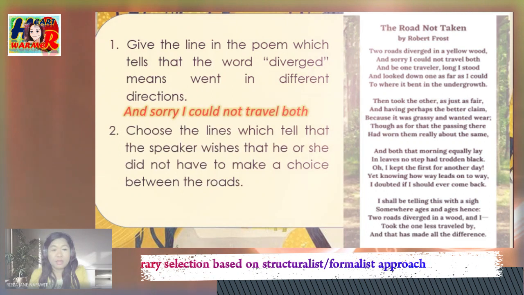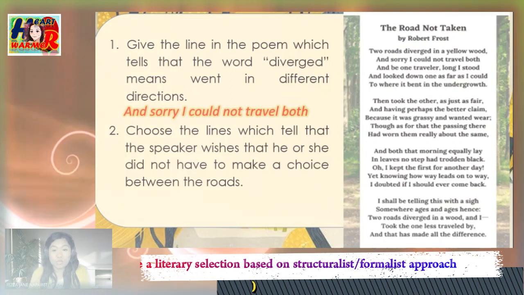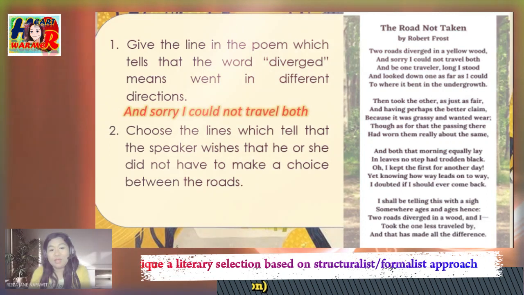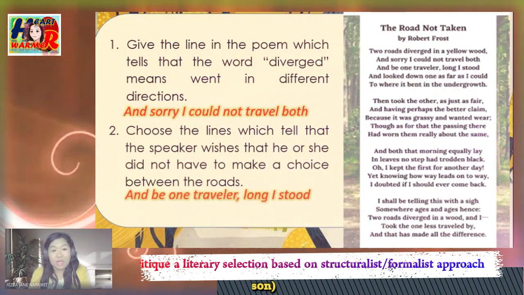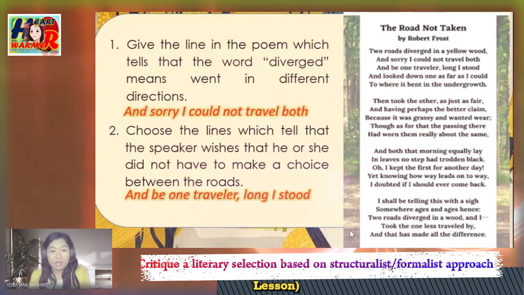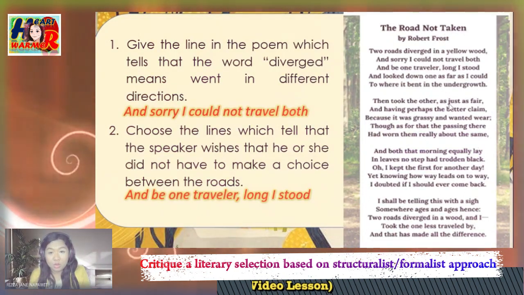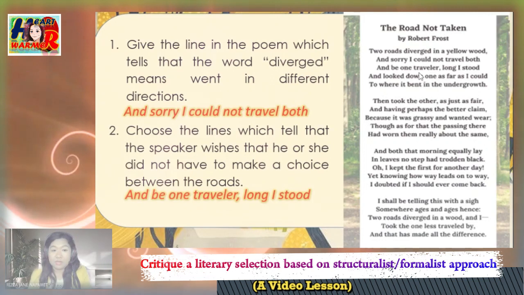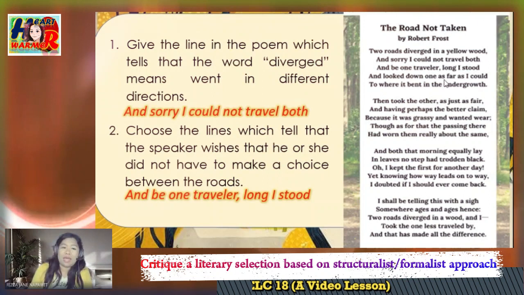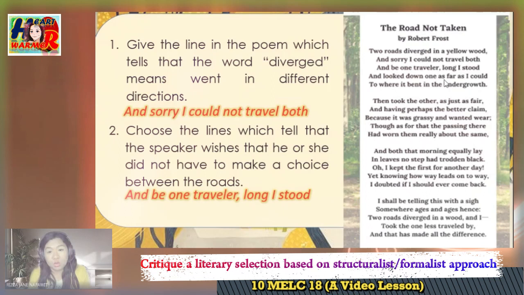Okay? Next, choose the lines which tell that the speaker wishes that he or she did not have to make a choice between the roads. If this is your answer, then you are correct. "And be one traveler, long I stood." So the line there would give us a hint that he doesn't like to have any choices or options to choose from.